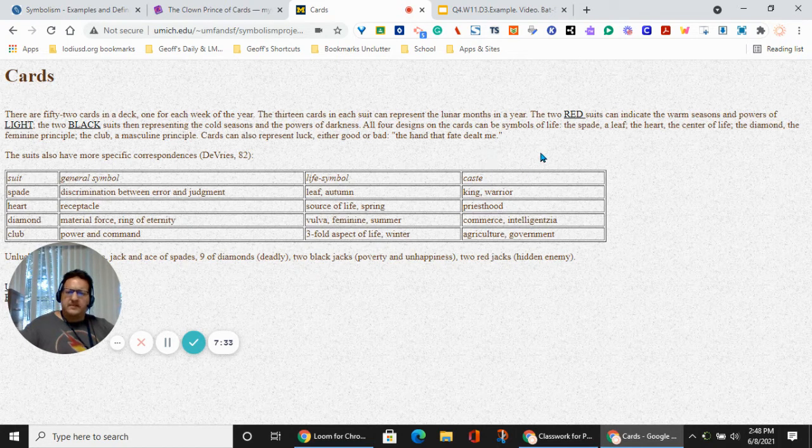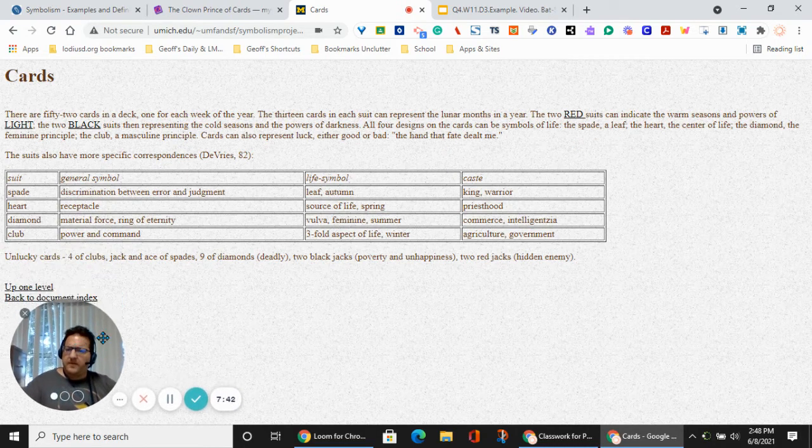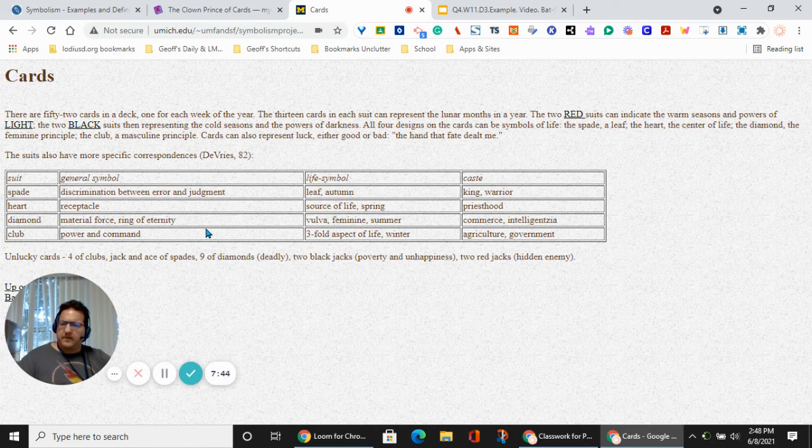All four designs can be symbols of life. That's interesting, didn't know it. Cards can also represent luck, good or bad. That's interesting. I get all the stuff here. Then it tells me which are the unlucky cards. I'm not sure that is relevant this time around.